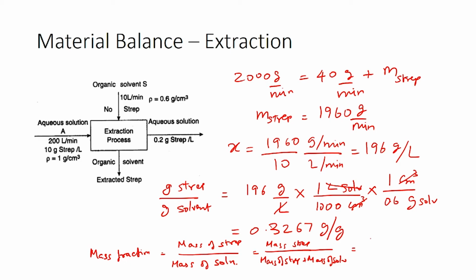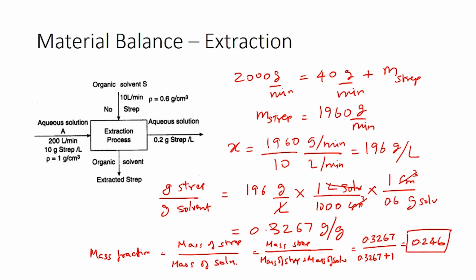So, the ratio is 0.3267 divided by 0.3267 plus 1, giving you a final value of 0.246. So, this is the mass fraction of streptomycin in the extract.